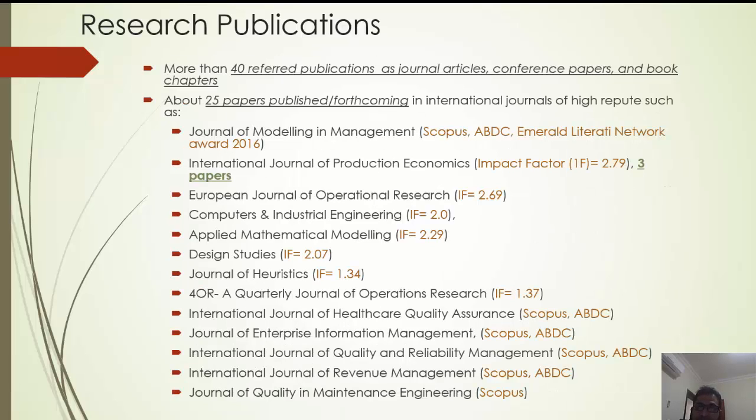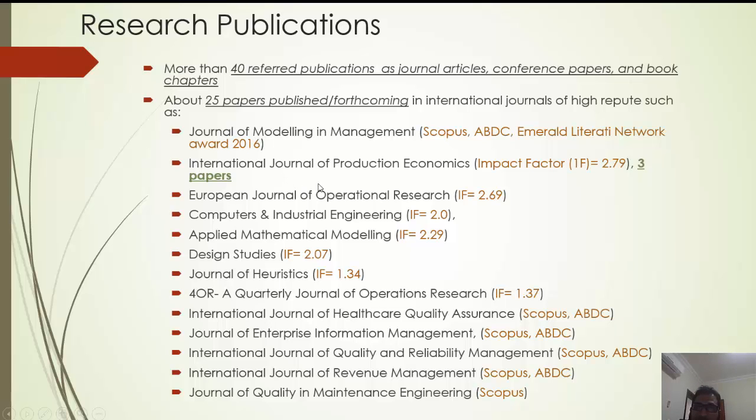My publications are about 40 papers in journals, conferences, and books. Some of them are chapters. About 25 papers are forthcoming in international journals, mainly Scopus indexed and higher. I have published two papers in the Journal of Modeling.